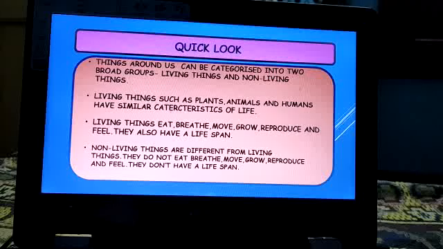Third, those characteristics are that living things can eat, breathe, move, grow, reproduce and feel. Also, they have a lifespan. Non-living things are different from living things. They do not eat, breathe, move, grow, reproduce or feel, and they also don't have a lifespan.